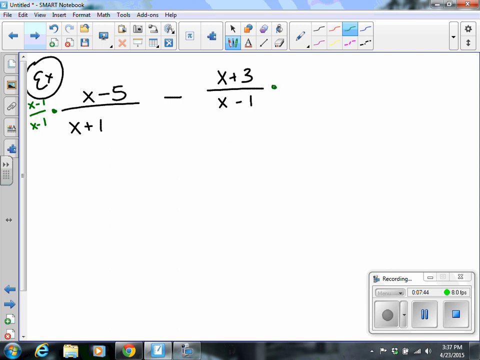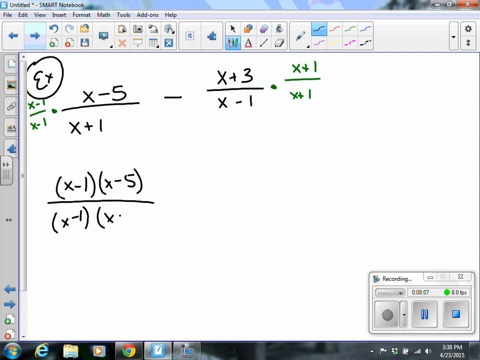On the right, I'm going to multiply by (x plus 1) over (x plus 1). So I'm left with (x minus 1)(x minus 5) all over (x minus 1)(x plus 1).